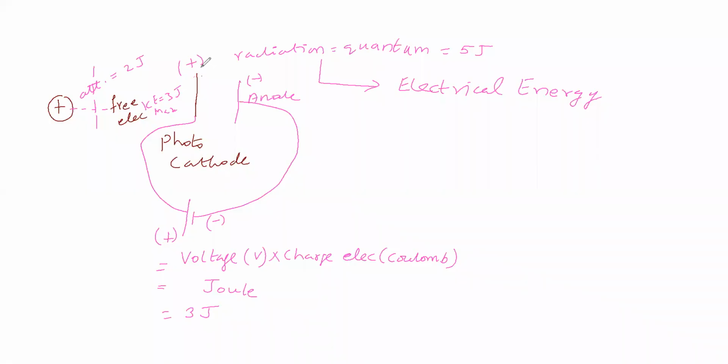So here you are saying that radiation energy is not converted into electrical energy. So when radiation energy is not converted into electrical energy, we can say photoelectric effect is not possible, isn't it?